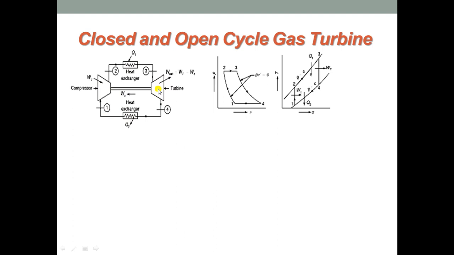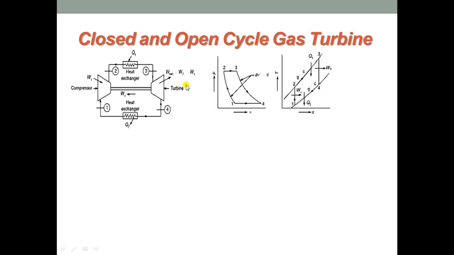In a closed gas turbine, atmospheric air or some other stable gases like argon, helium, nitrogen, carbon dioxide, etc. may be used as the working substance. In operation, the working fluid is compressed to a high pressure in a compressor from point 1 to point 2, which can be observed on your PV as well as TS diagram.